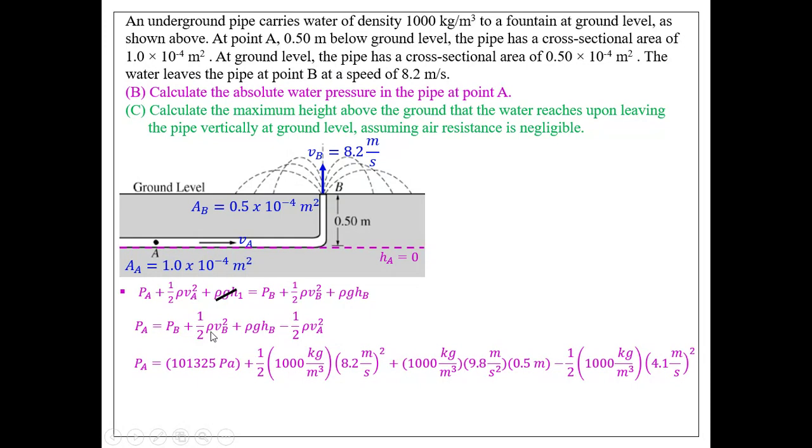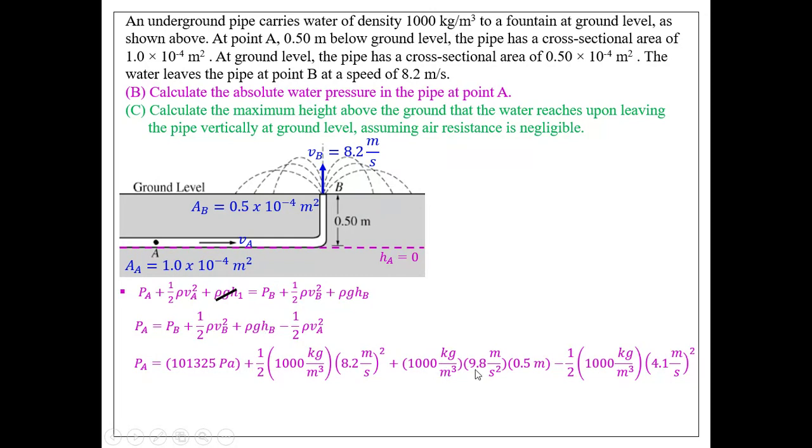What's the density? The density in this particular problem is water, which is given to us as 1,000 kilograms per meter cubed. What is VB? VB is given as 8.2. Don't forget to square that. And then here's once again the density of water, 1,000 kilograms per meter cubed.